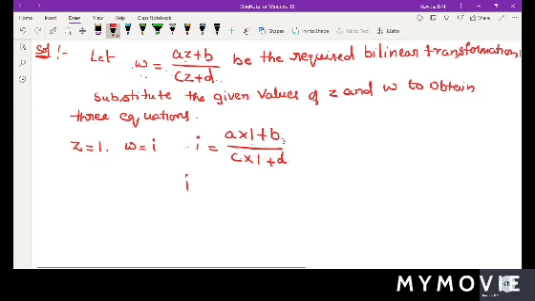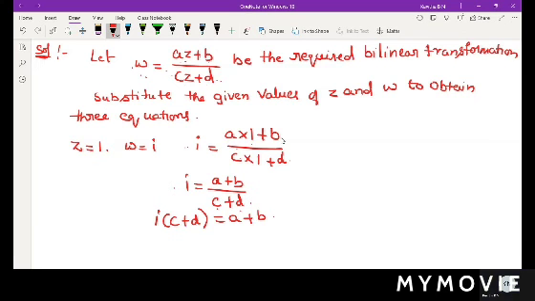Okay, here i is equal to a plus b divided by c plus d. Then c plus d is shifted to the LHS part. i into c plus d is equal to a plus b, that is ic plus id is equal to a plus b.